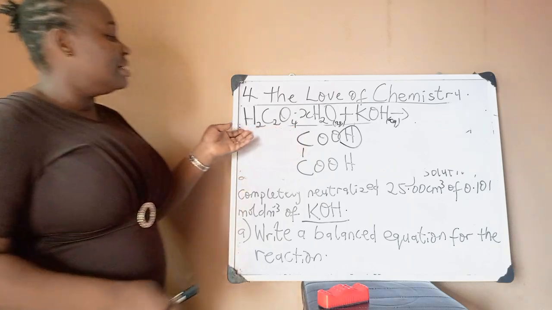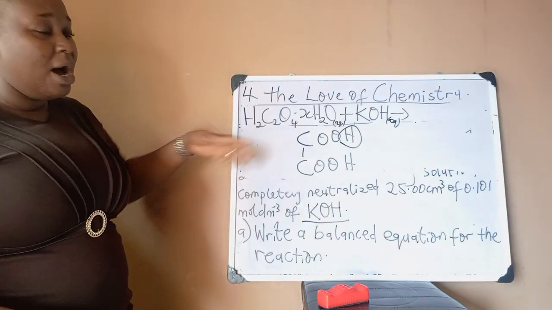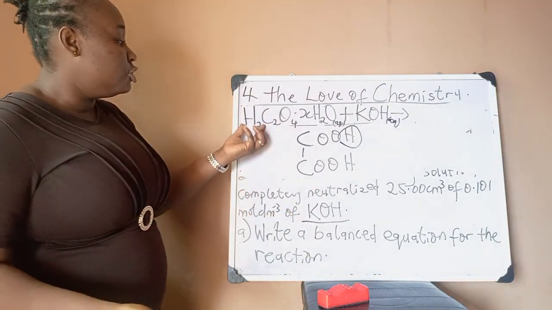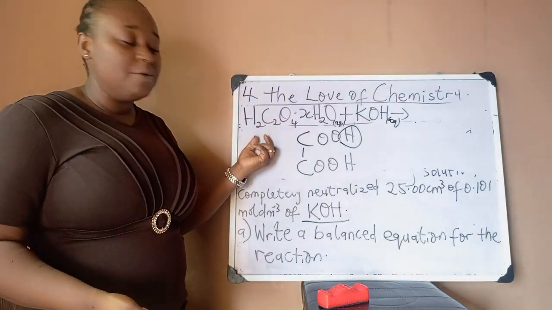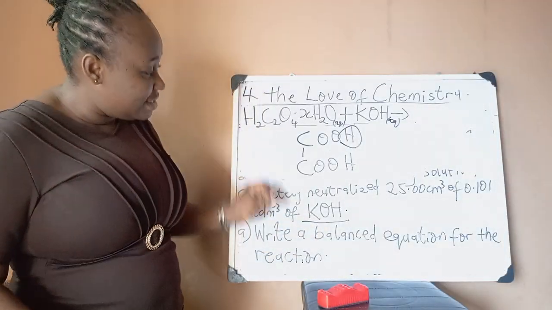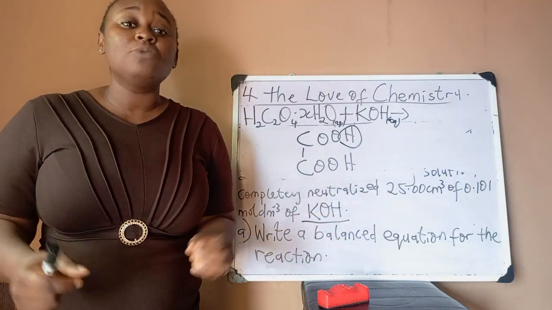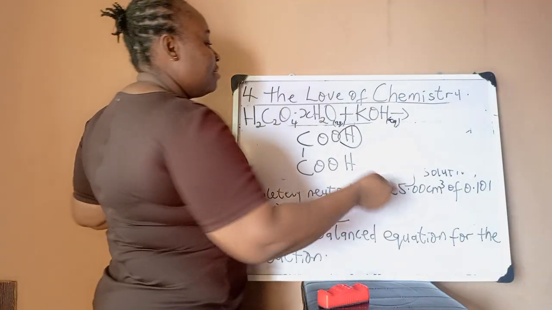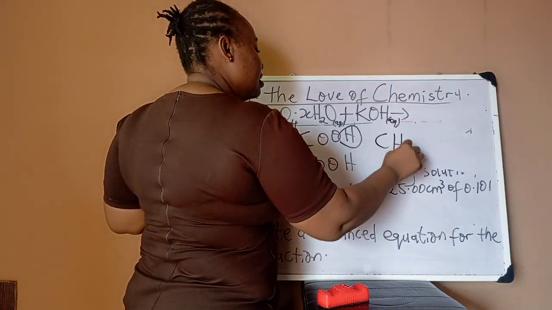So writing it in a normal molecular formula without showing the structural formula, it shows that we have two hydrogens here. But when you look at the structural formula, you will understand that the two hydrogens are actually replaceable. Let me give for example, if we have something like ethanoic acid.